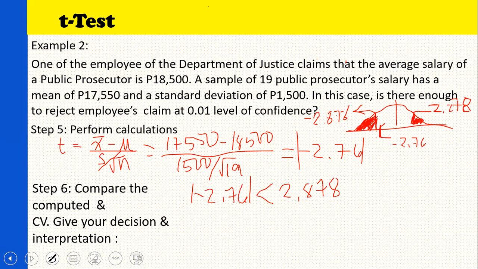So meaning we're going to accept the null hypothesis, meaning that the starting salary of this public prosecutor has an average of 18,500. So we accept H0 here.